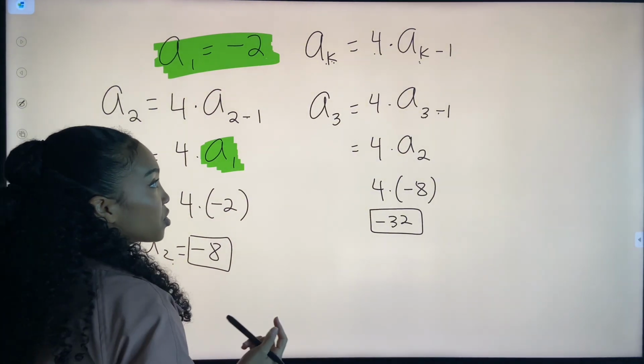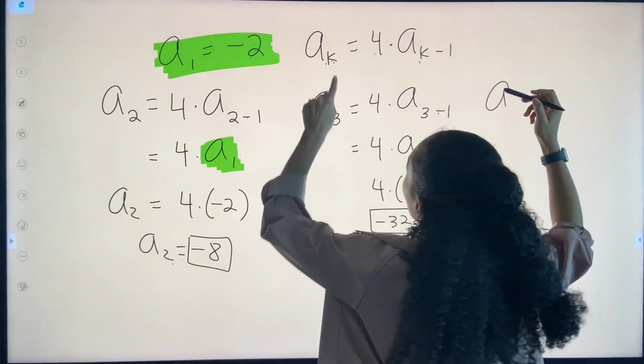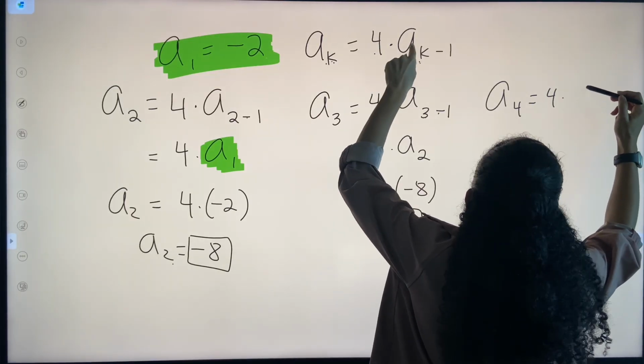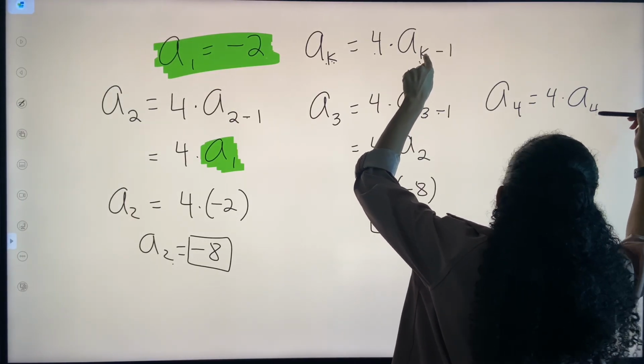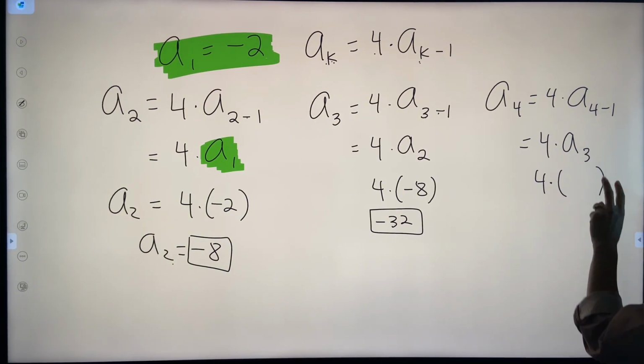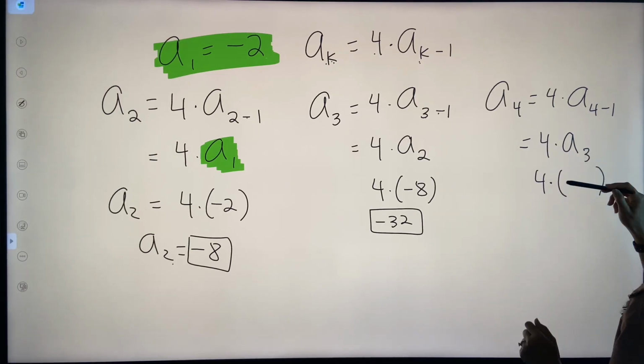Let's find the fourth term. A4 is equal to 4 times A, plug in a 4 right there. So this simplifies to 4 minus 1 is 3. Well, A3 is negative 32.